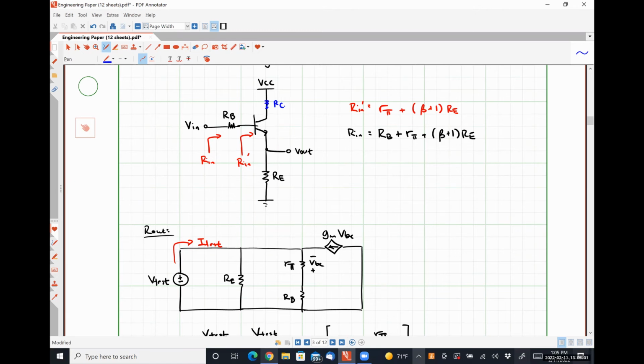So if you can imagine here, and we're going to talk about the bias circuit next, if we have our voltage divider set up on the input side, right? Without RC in place, that means that VCE by definition will just be really large.